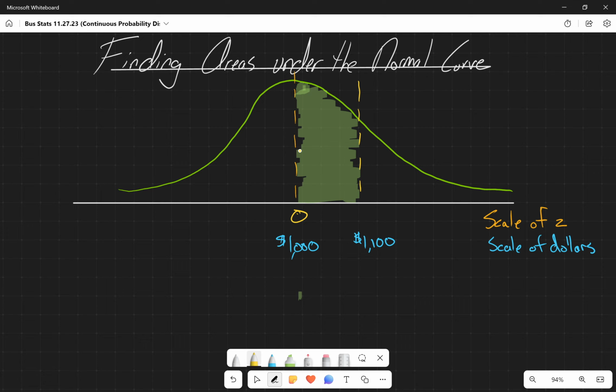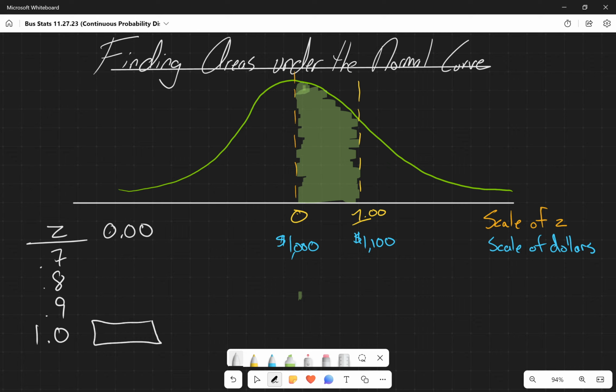What about this one? This one, we're going to calculate the z-statistic, which we already did in that last step, and we're going to find that the z-statistic here is 1.00. And so when we go in that z-statistic table, and we go 0.7, 0.8, 0.9, 1.0, and then we go 0.00, and we go down, we find that this value here is 0.3413.